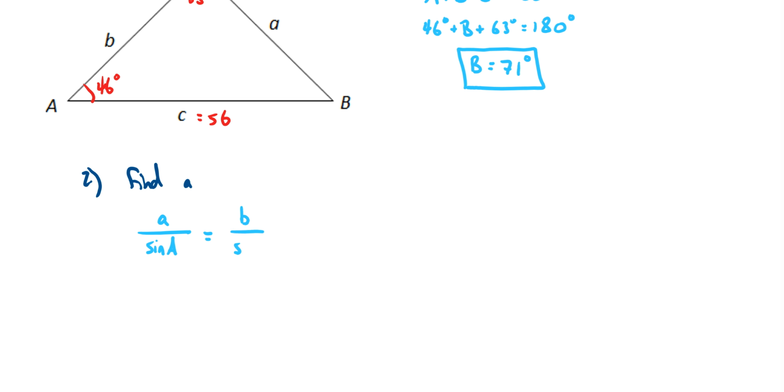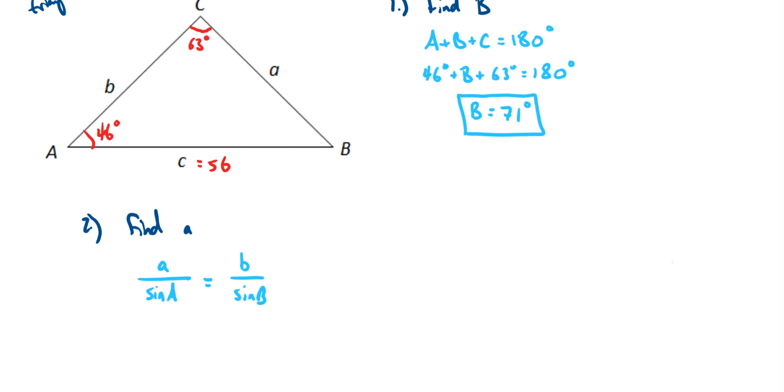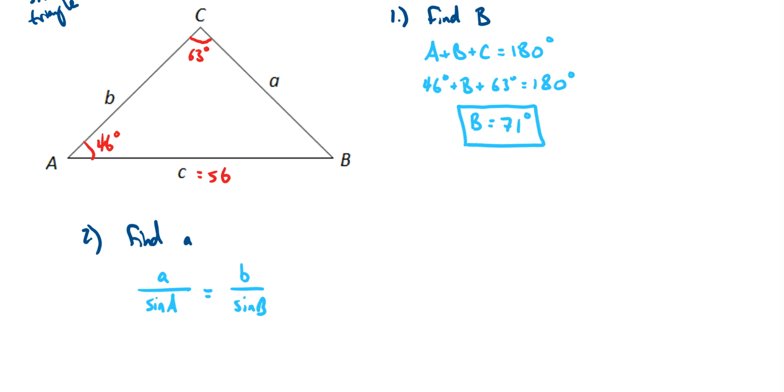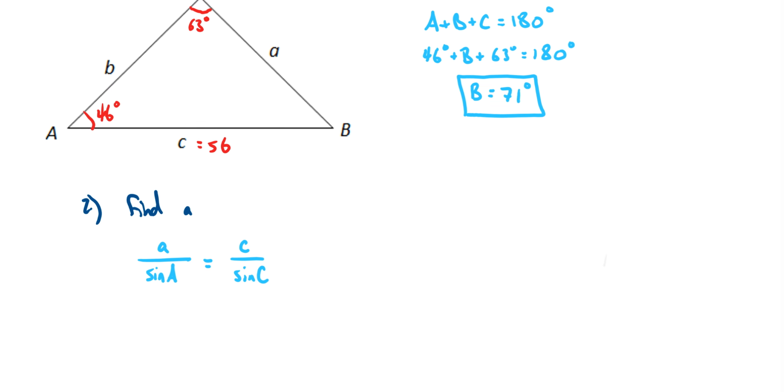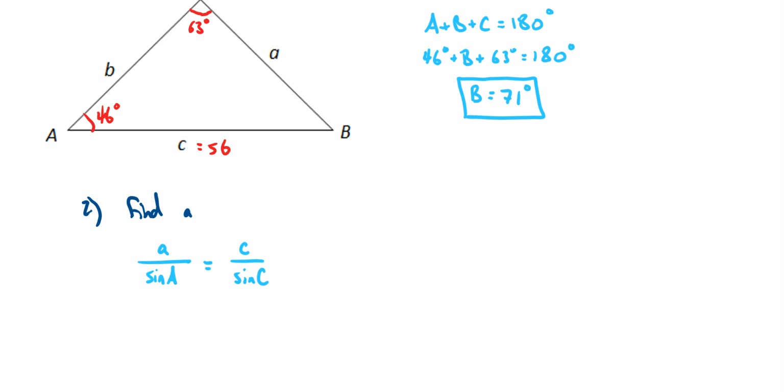Either it's going to be B over sine of B or C over sine of C. So based on what we have here, we actually have to use side C over sine of angle C, right? We don't have side B just yet, so we have to use C over sine of C, and then we can go ahead and plug everything in.